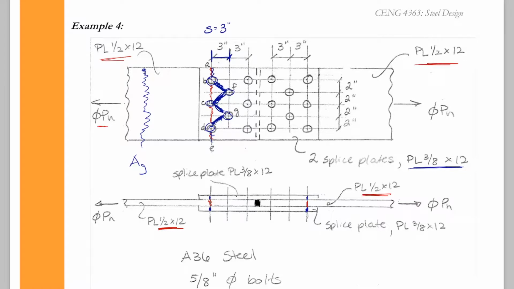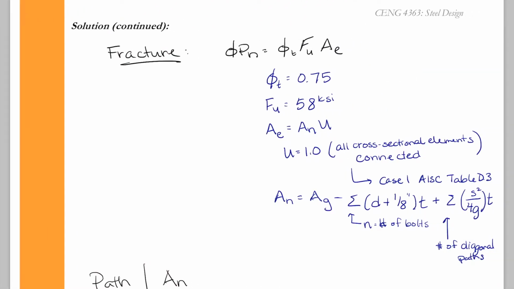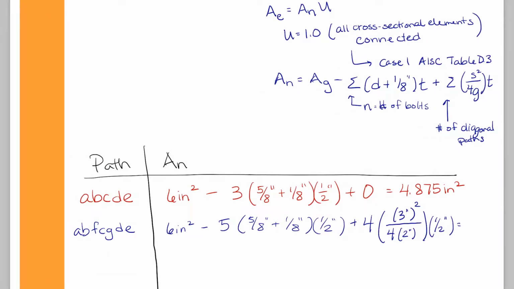So it's the value here in the longitudinal direction. And then G is our gauge distance, which is along the width of the connection, and G is 2 inches. Okay, so those are those variables for the fracture net area formula. All right, so if we do the math here, I have it calculated out to be a total of 6.375 inches squared.